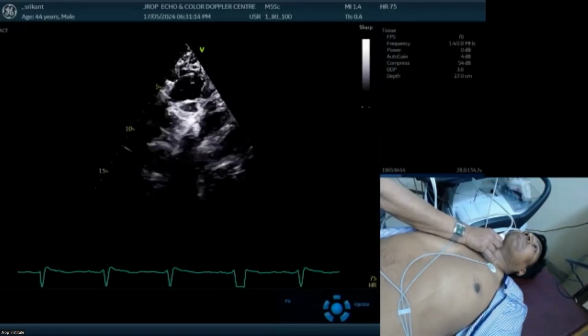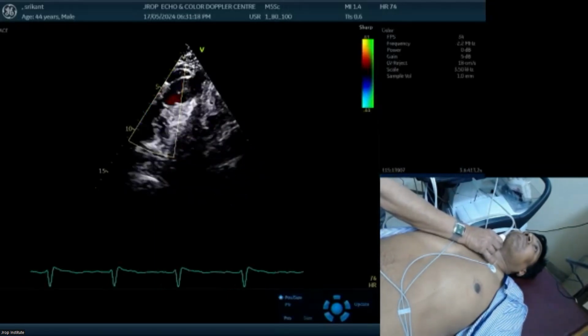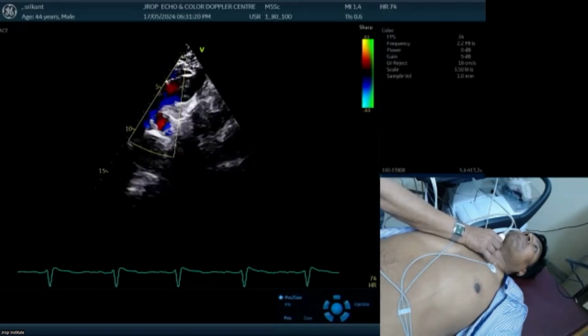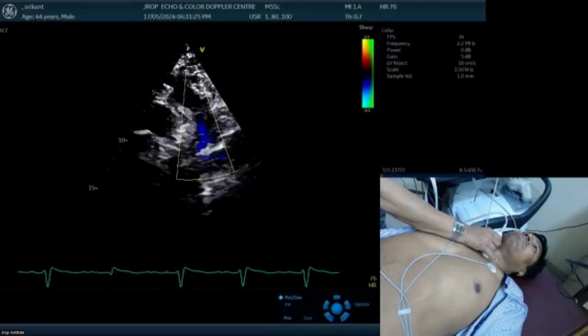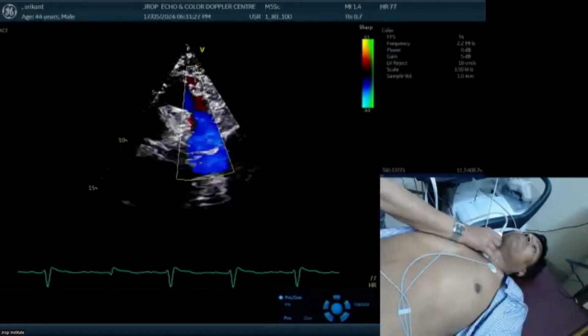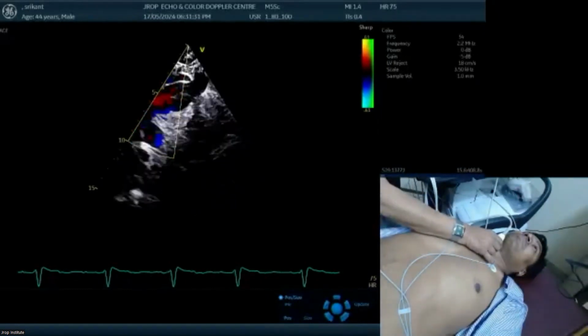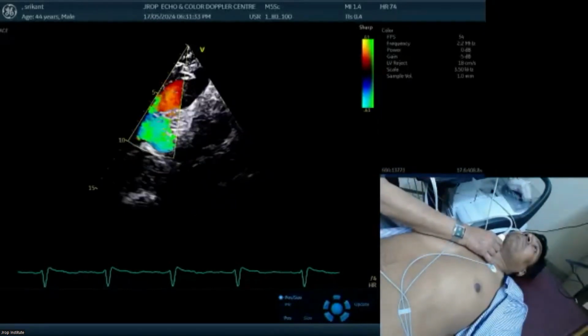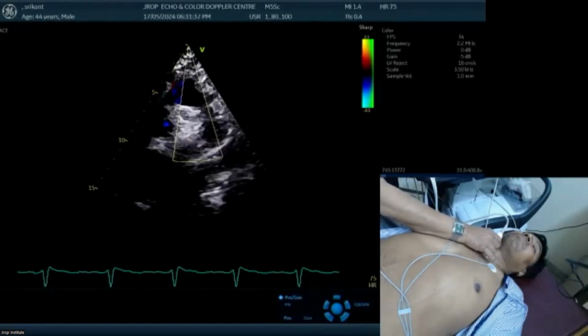Here is an ascending aorta. So the blood is flowing. This is ascending aorta. And this is descending aorta. So blue away, red towards. BART is the word. Here is the ascending aorta and here is descending aorta in the same subject.